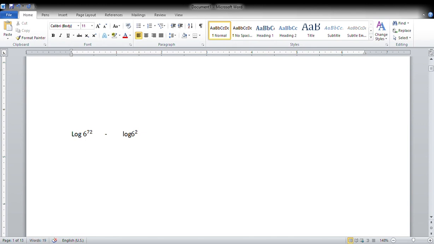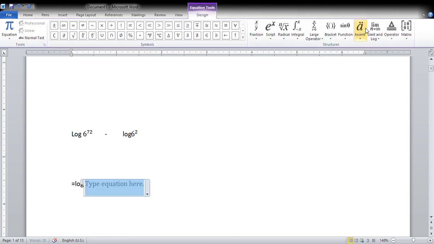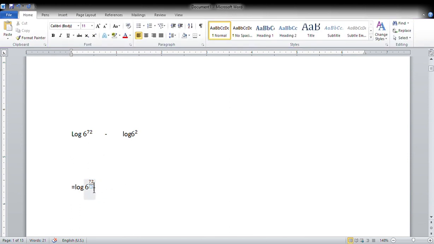So we can simply write it as log with the base 6, and on the logarithmic number you can simply divide this number. That means 72 divided by 2, right?